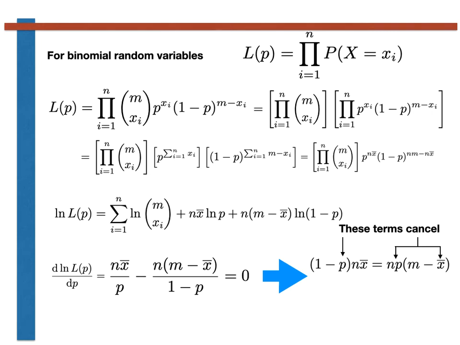With a little bit of rearranging, we thus arrive at an expression for our estimator of the p parameter. This estimator is equal to the sample mean for all the random variables divided by m, the number of Bernoulli random variables that were generated for each of the binomial random variables.